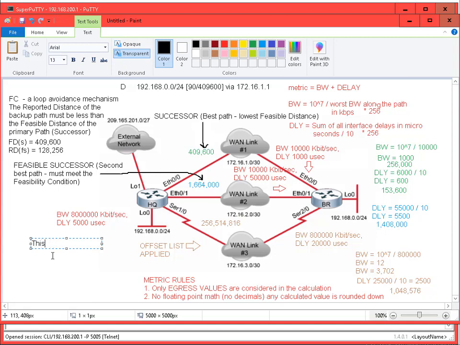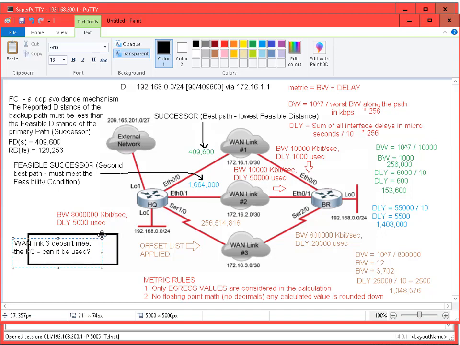This bottom link, WAN link 3, doesn't meet the feasibility condition. So can it be used? And it is still a valid path.